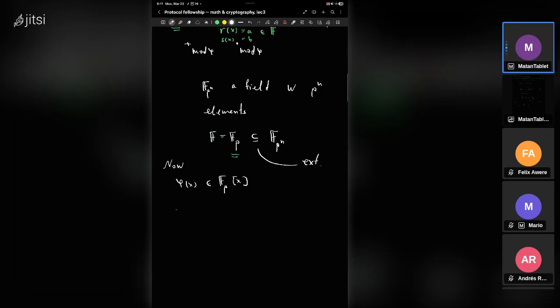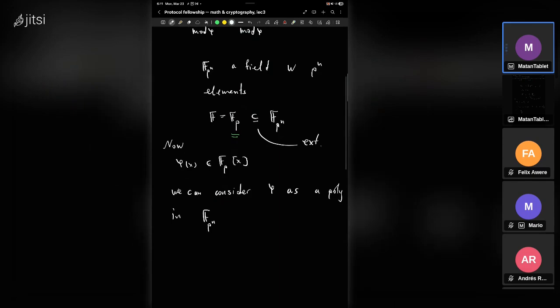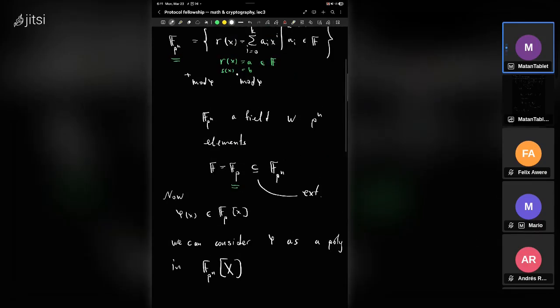We can consider phi as a polynomial in F_p^n, and I will take another variable here, big X, to disambiguate, because we use the small x for other purposes, namely for the remainder polynomials R(x).